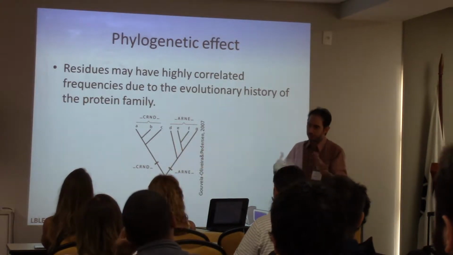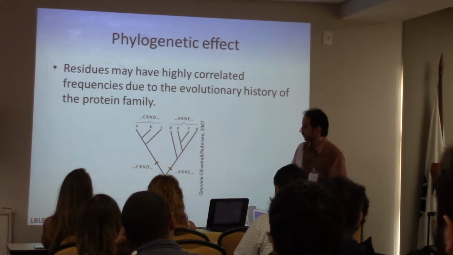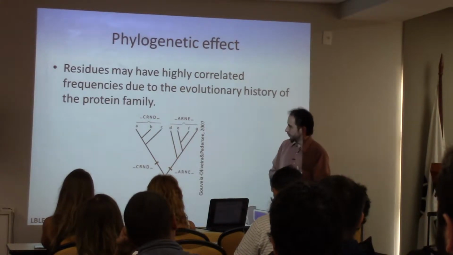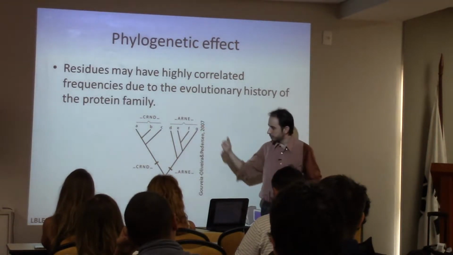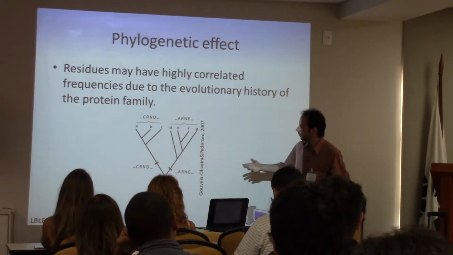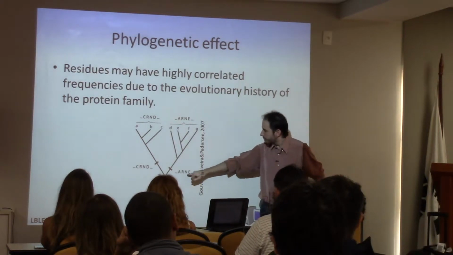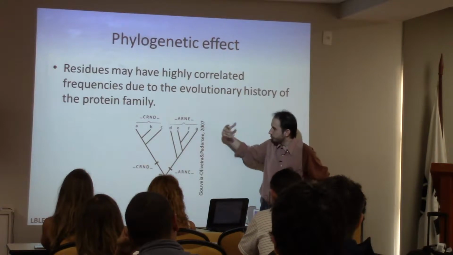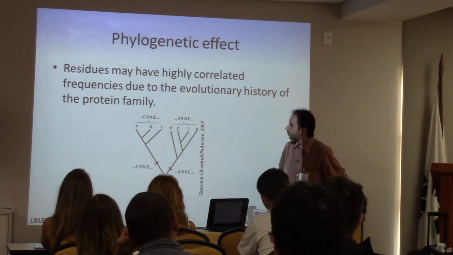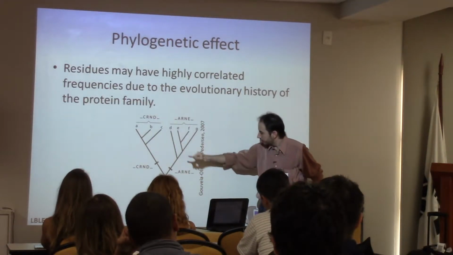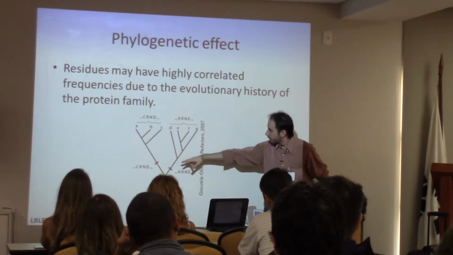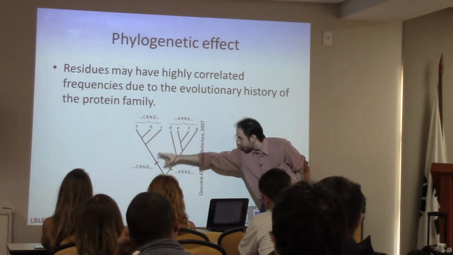Given what we have today in the genomic databanks, we have a lot of sequences from all these species. Then we will have a detectable correlation between having an alanine here and a glutamate here, and having a cysteine here and an aspartate here.